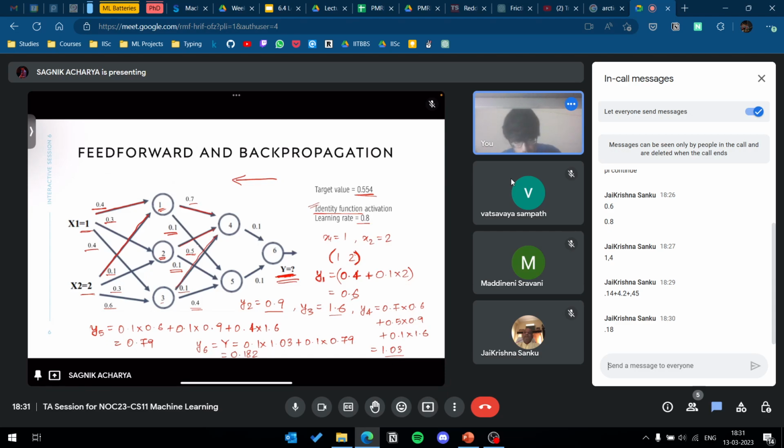We'll have a certain delta value here, which is just t minus y. Then we'll have delta 4, delta 5, then delta 1, delta 2, and delta 3. After finding all these delta values, we can start updating the weights.